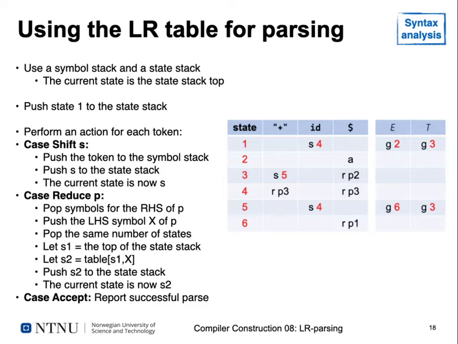We push the left-hand side symbol of our production, maybe here, here, and here, and then we pop the same number of states, and then we take the new top of the state stack, look up in the table what is the entry for the new top of the state stack and our left-hand symbol X, we push S2 to the state stack here, and the current state is S2. And in case of accept, we just report that we've successfully parsed the input.